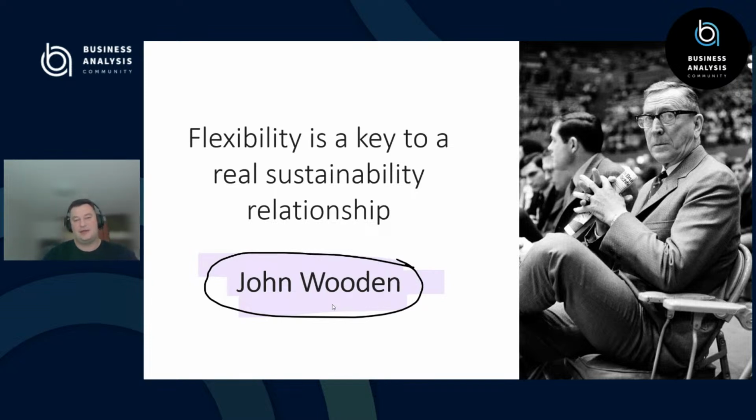So that is why I like his quote very much and chose it. Flexibility is a key to a real sustainable relationship. Guys, this quote is simple, but this thought is a key for understanding how we should organize everything inside our teams, and especially in client cooperation and relationship building.